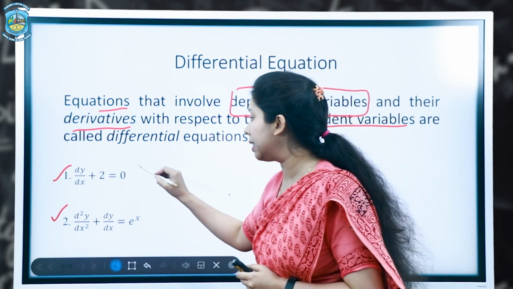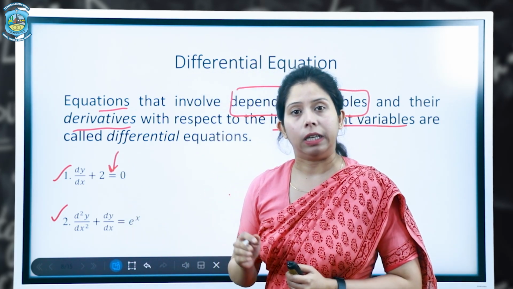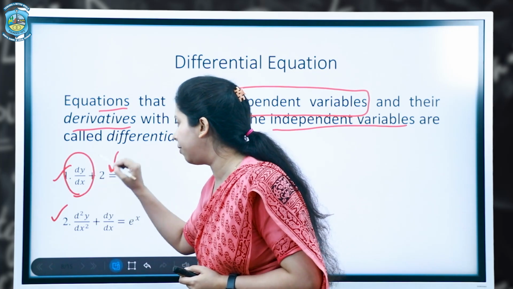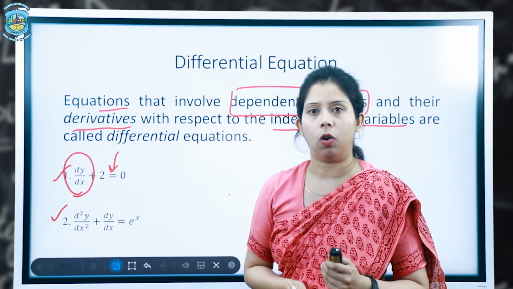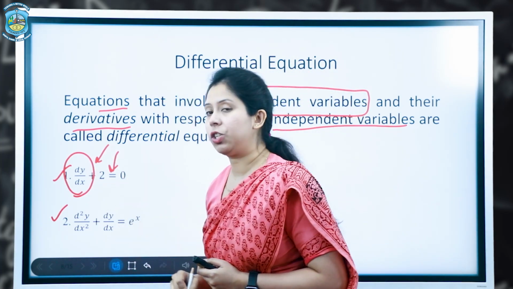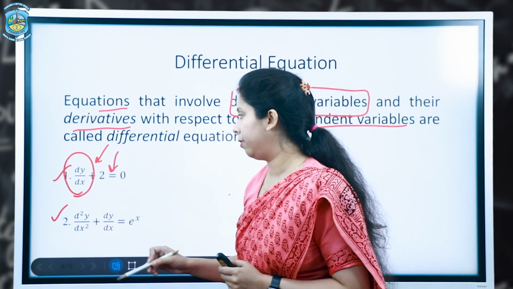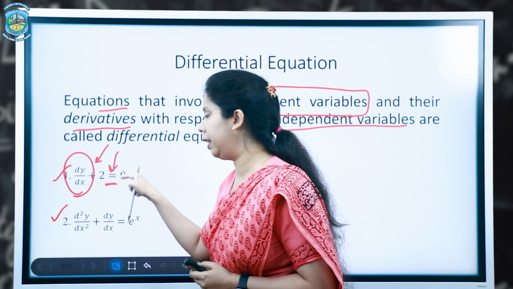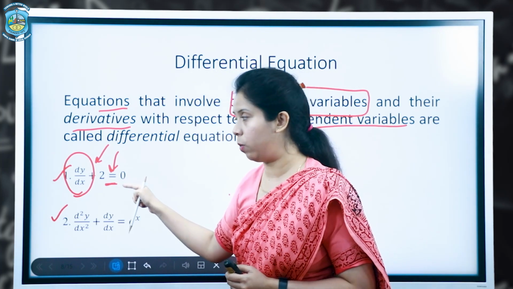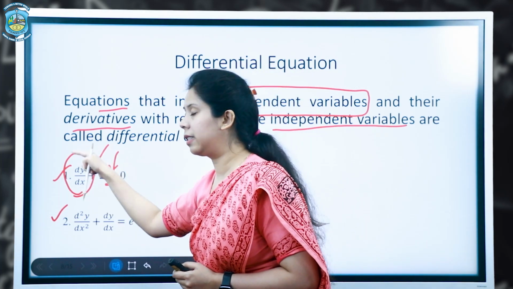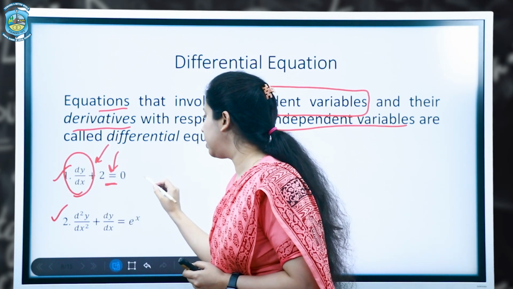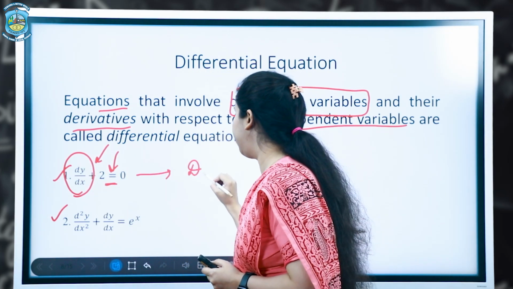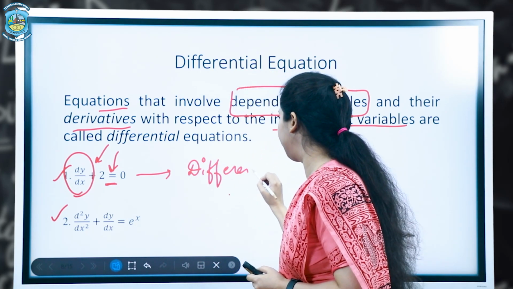Clearly this is an equation, and it is also called a differential equation. Why? Because the equation consists of one derivative. It can have one or more than one derivatives, but since this expression has a sign of equality, along with this it has one derivative, this equation is called a differential equation.